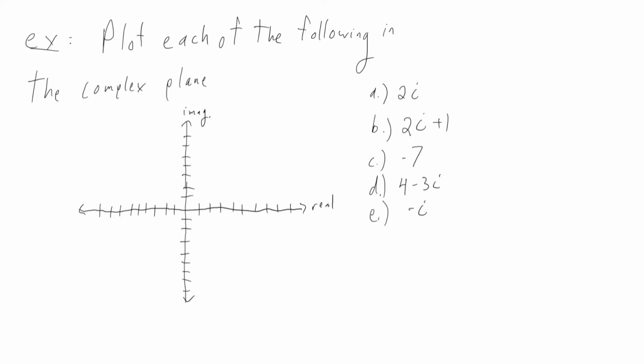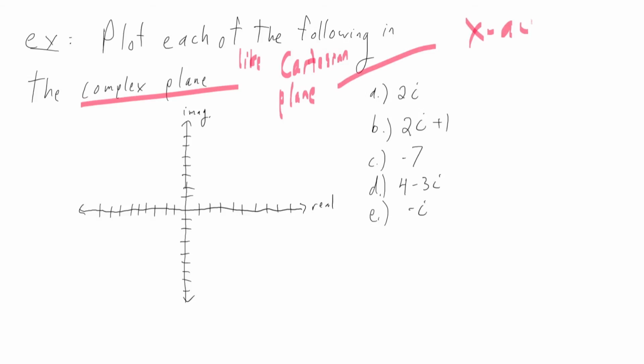So let's look at ways to visualize these numbers. A common thing to do is to plot complex numbers in what's called the complex plane. It's somewhat like the Cartesian plane, except instead of having an x-axis, I have what's called a real axis.